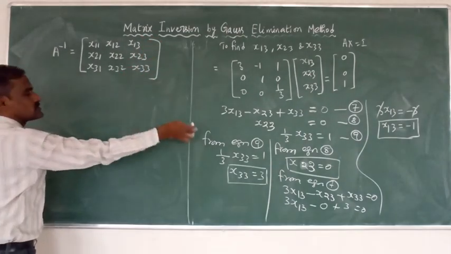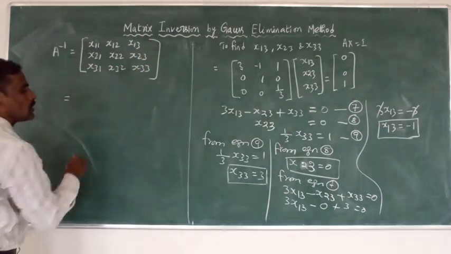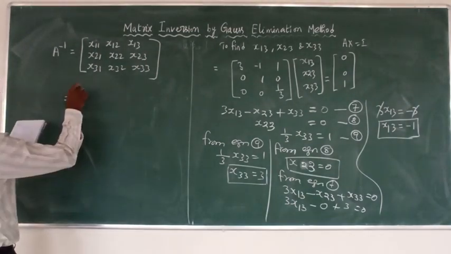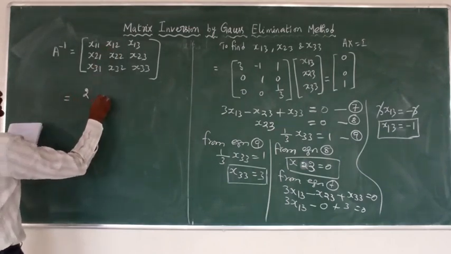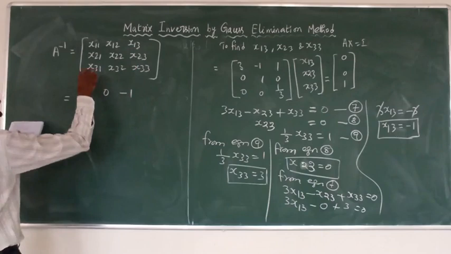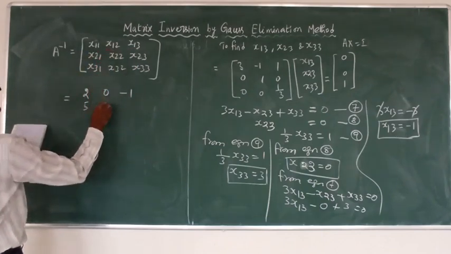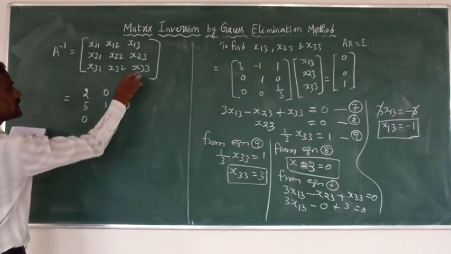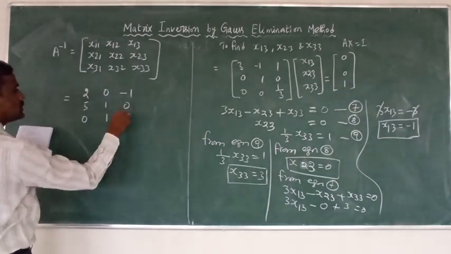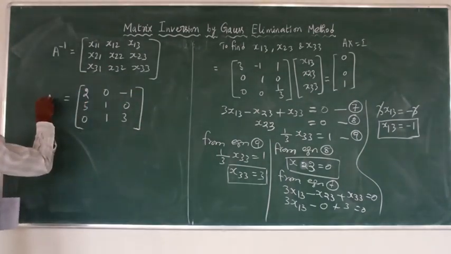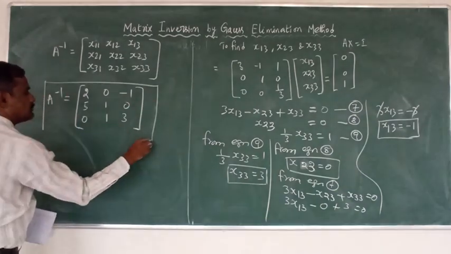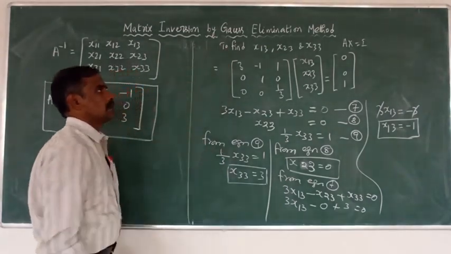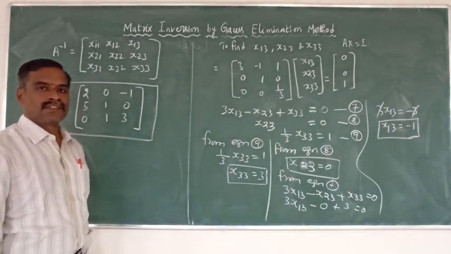All these values we substitute here: x11 value 2, x12 value 0, x13 value minus 1, x21 value 5, x22 value 1, x23 value 0, x31 value 0, x32 value 1 and x33 value 3. This is the A inverse, the matrix inversion of A by using the Gauss elimination method. Thank you.